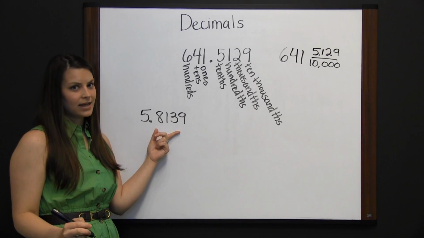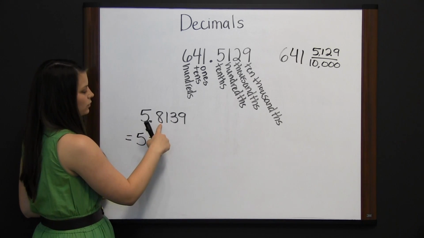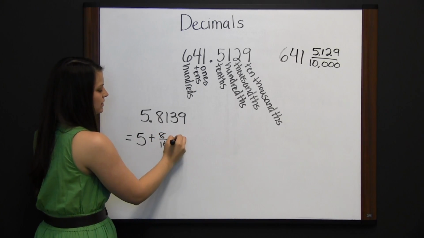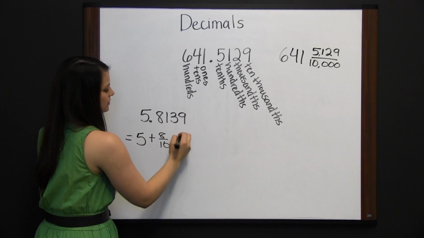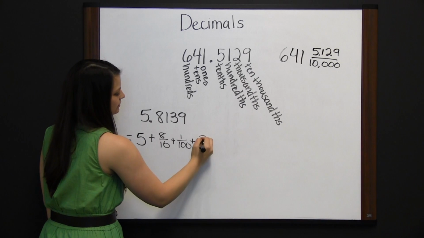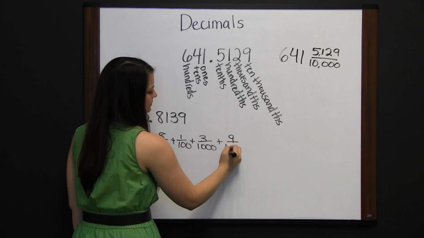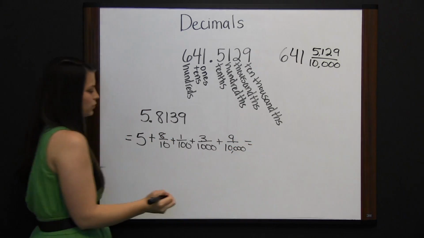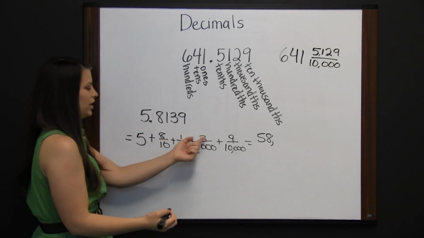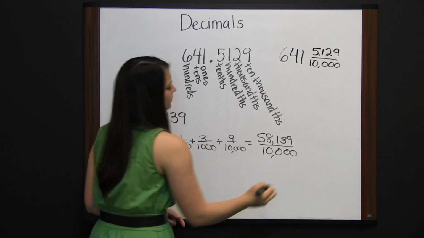We could write this number as an improper fraction by taking the 5 plus 8/10, since it's in the tenths place, plus 1/100, plus 3/1000, plus 9/10,000, which would give us 58,139 10,000ths.